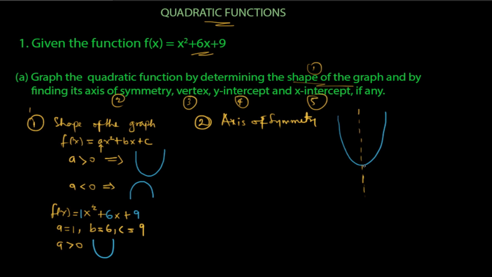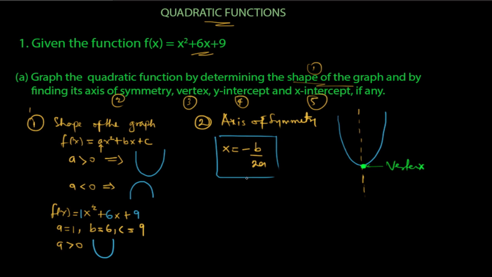And the point that we have here, let me use this color, this point here is called the vertex of the graph. So how then do I find the axis of symmetry? The axis of symmetry, that's the equation of this line here, is given by the formula x equals negative b divided by 2a.